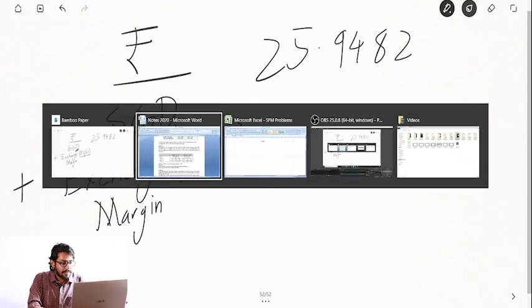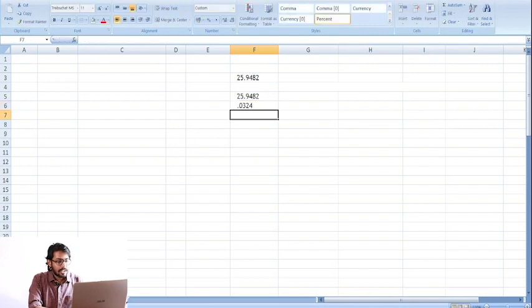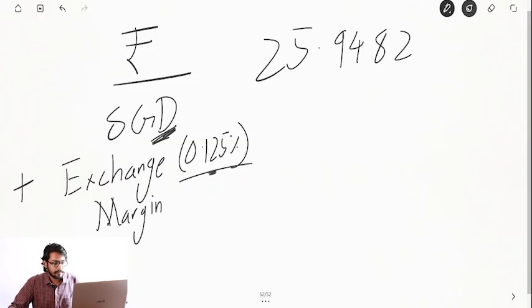Okay, so rate is 25.9482. You have to take 0.125%. 0.125 percentage is 0.0324.